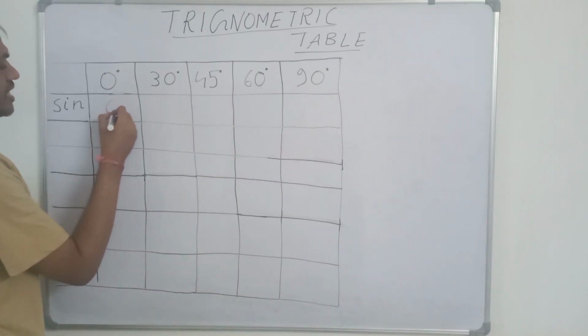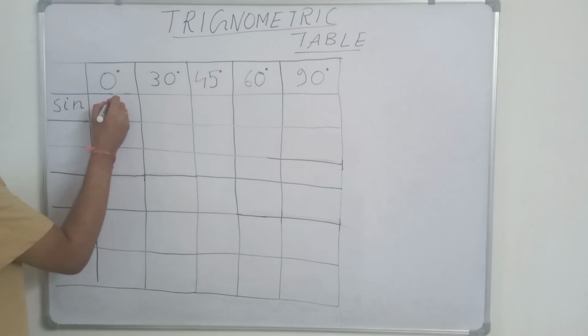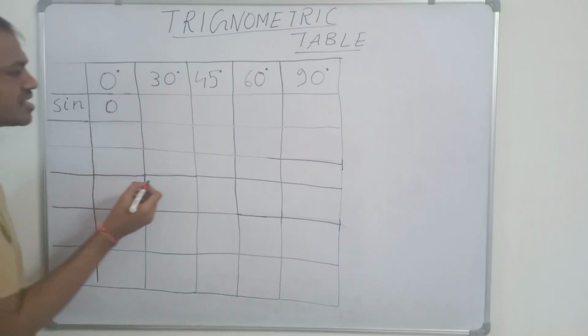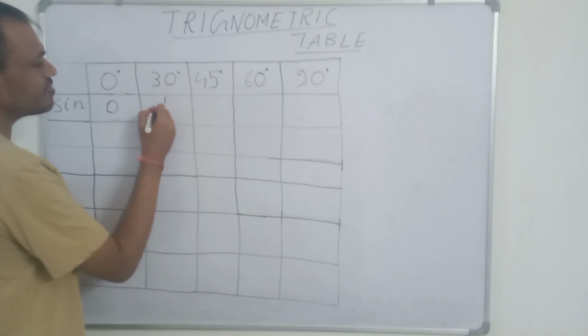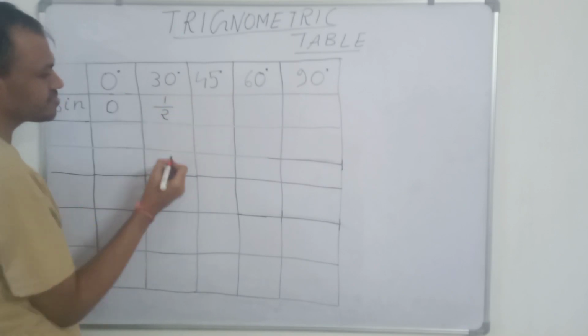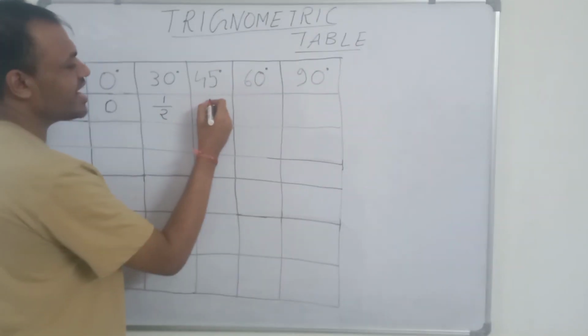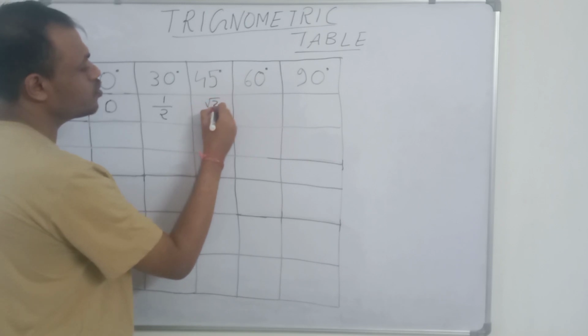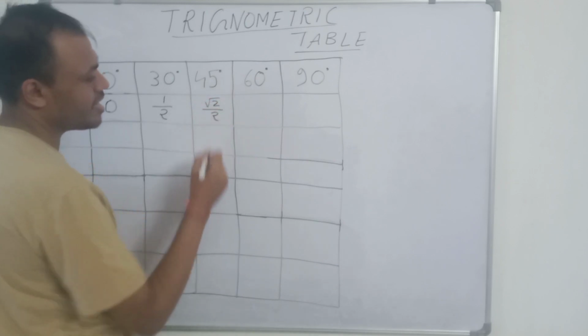So sine of 0 degree is equal to 0. Sine of 30 degree is equal to 1 upon 2. Sine of 45 degree is equal to root 2 upon 2, or 1 upon root 2.